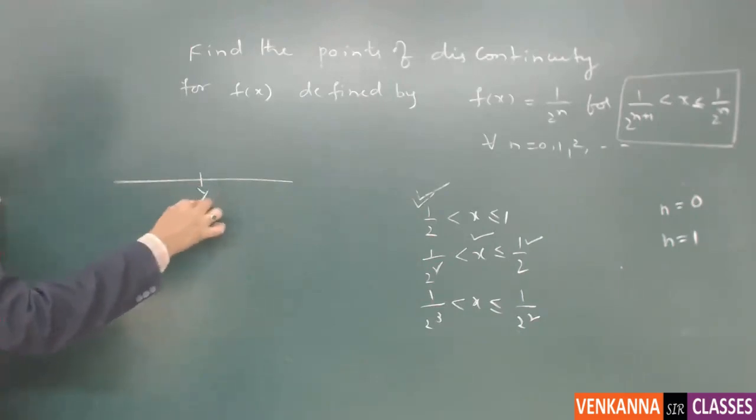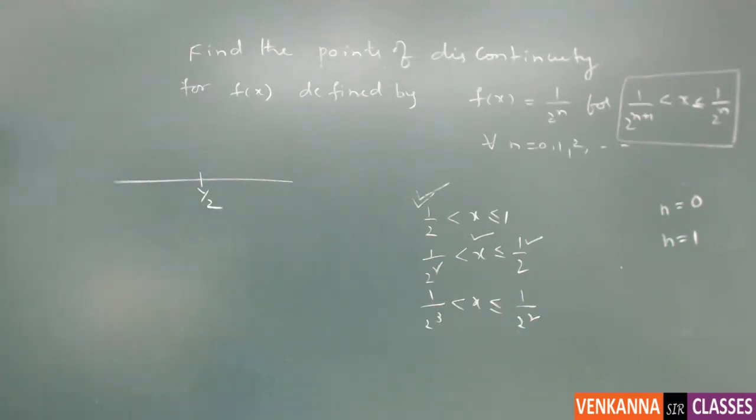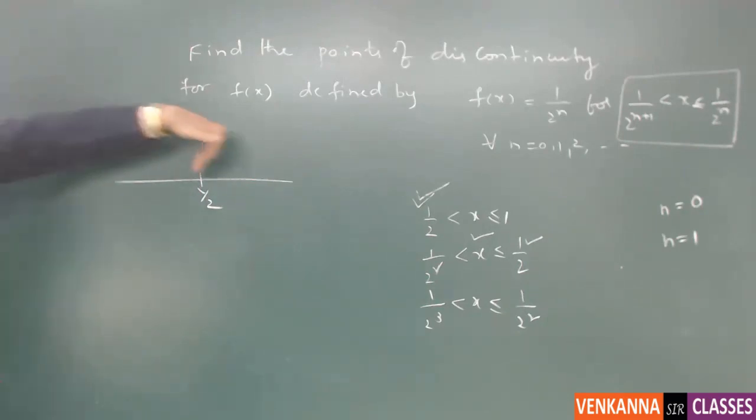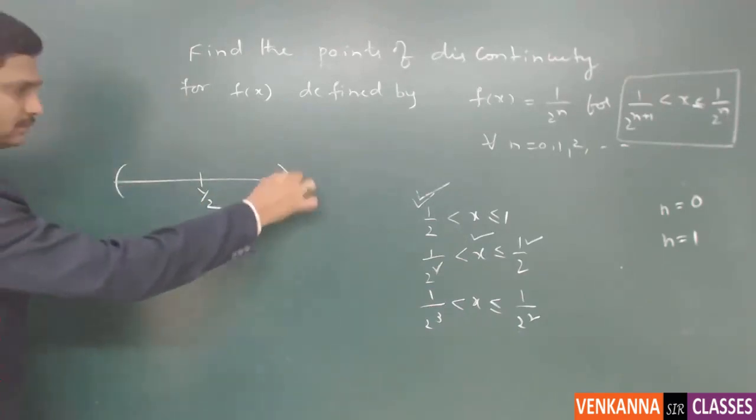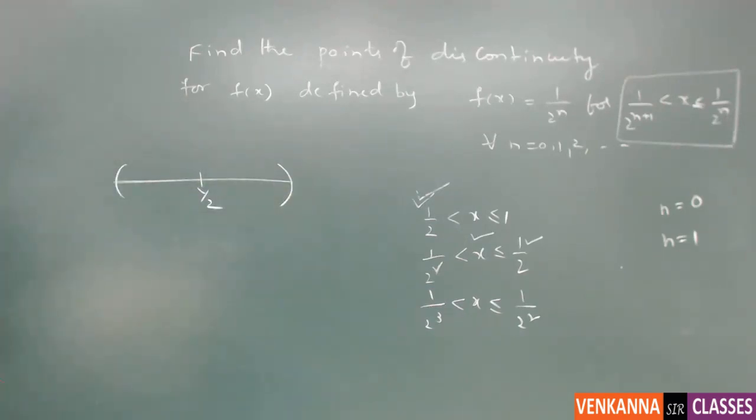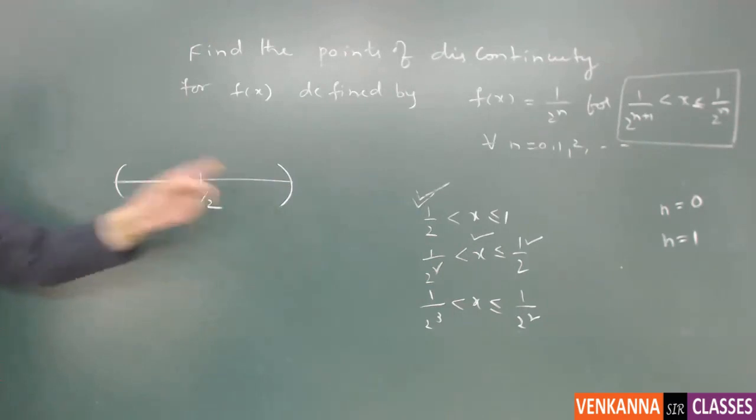Suppose you are checking the limit at the point 1 by 2. So you are calculating the left limit as well as the right limit. Whenever you consider a neighborhood, you should take the left neighborhood as well as the right neighborhood, isn't it? Yes or no?